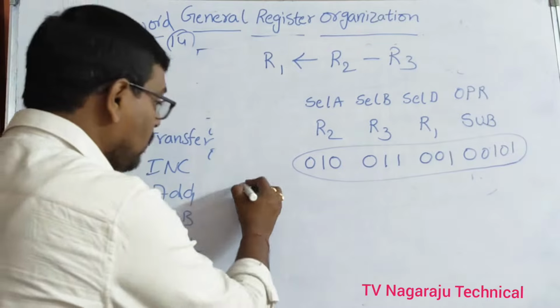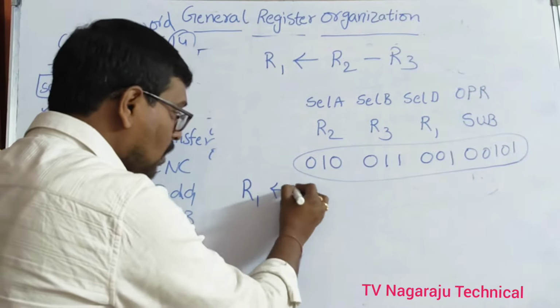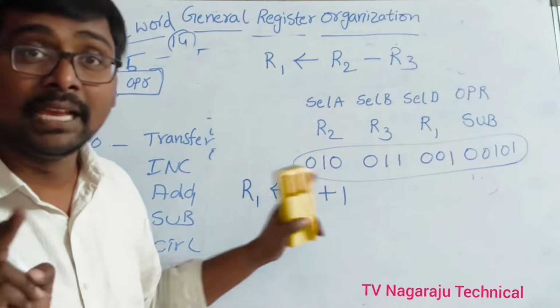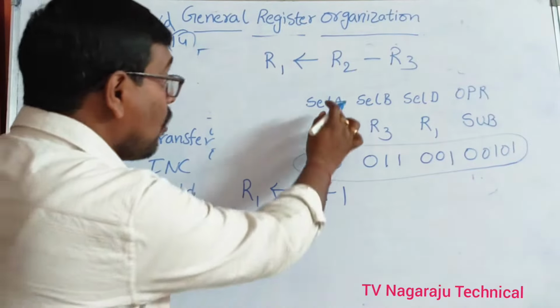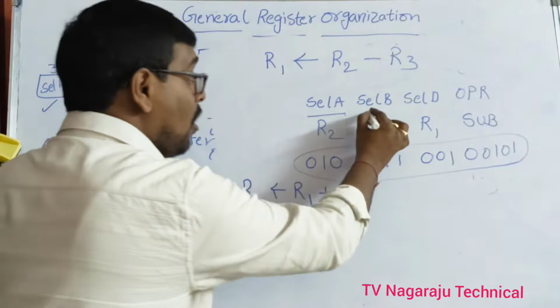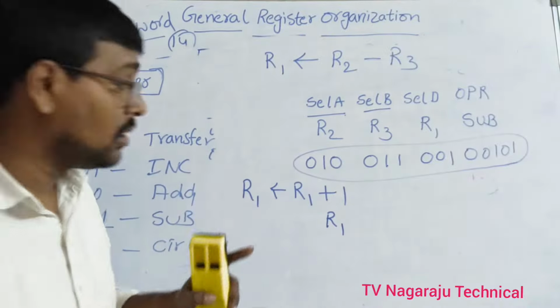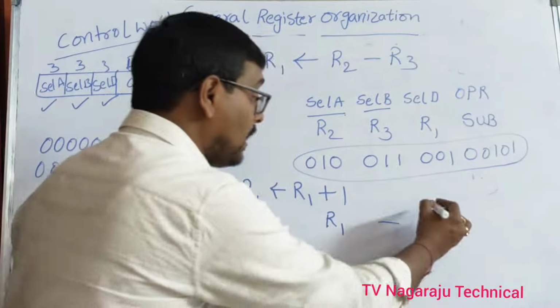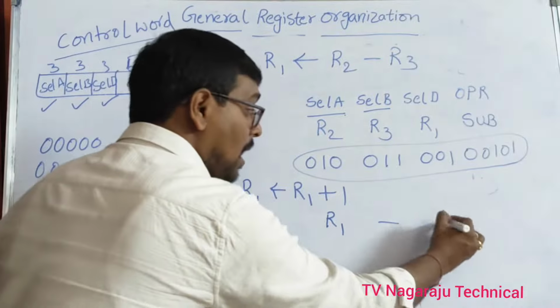And I will explain one more example. Suppose R1 equals R1 plus 1. That is increment operation. In this, what is selection A? Selection A is R1. What is selection B? There is no register, this is an external input. What is selection D? Same, R1.